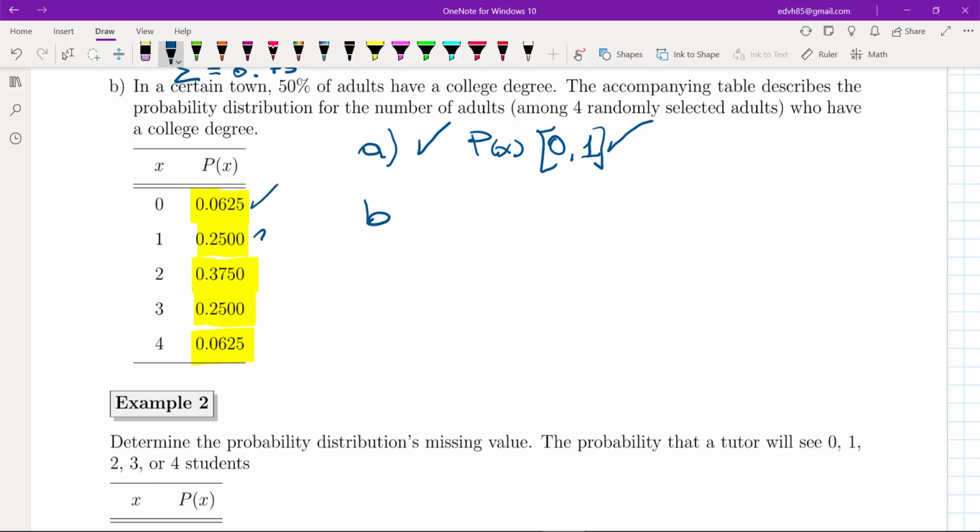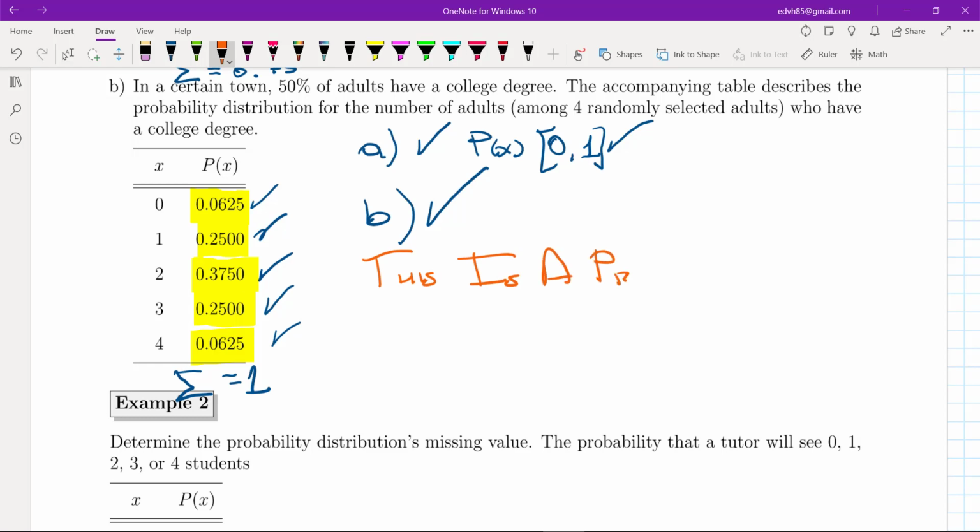If you add all these numbers in the calculator, the sum of them equals 1. All right, they add up to 1. So this is also met. So this is a probability distribution.